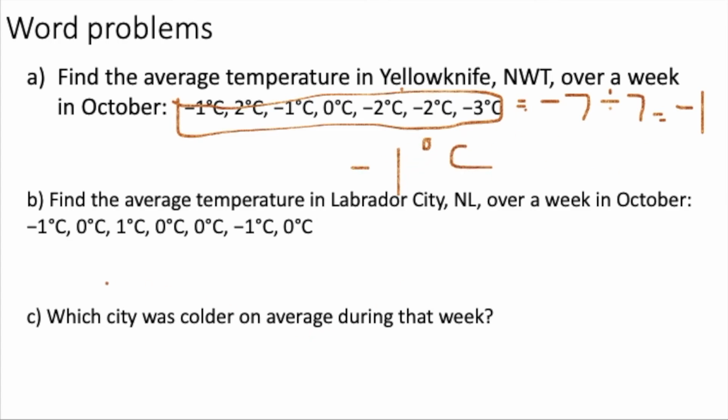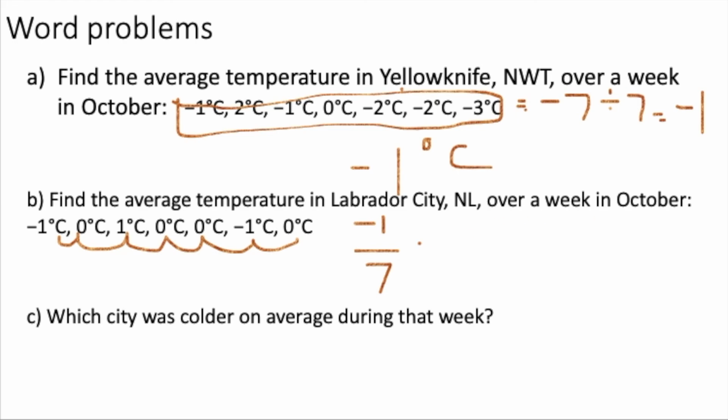And now I can do the same thing for this one, right? So -1 plus 0 is -1. Plus 1 is 0, plus 0, 0, plus 0, 0, plus -1 is -1, and plus 0 is still -1. So I have -1, and I have 7 days, so I'm going to divide by 7, so I have -1 divided by 7, right?